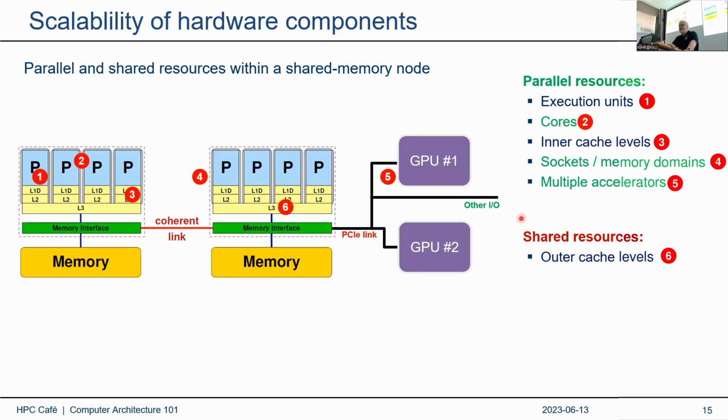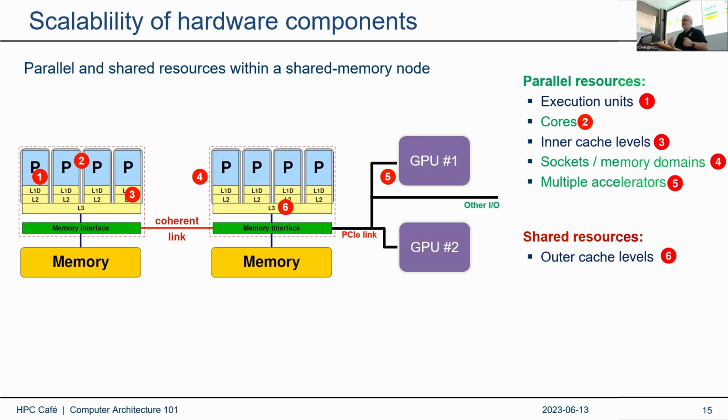Now, shared resources. Shared resources are resources that if more than one agent, so process or thread, needs it, there could be a bottleneck. And usually they're also not so easy to scale. Now, the outer cache levels are typical shared resources. The L3 cache on modern processors is not scalable. So if you have multiple cores needing a lot of data from the outer level cache, at some point it will stop scaling.